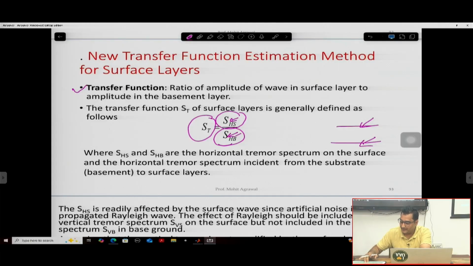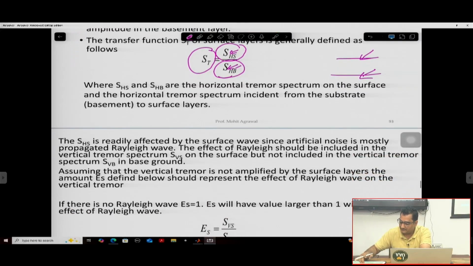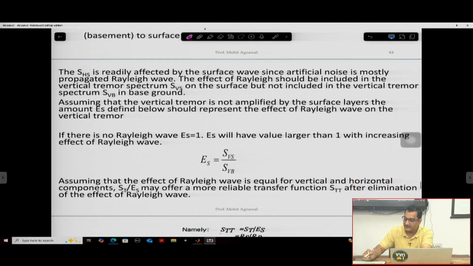Basically, what they have done is consider that the effect of the Rayleigh wave on the vertical component is negligible. That means the vertical component spectrum at the surface divided by the vertical component spectrum at the bedrock should be equal to 1.